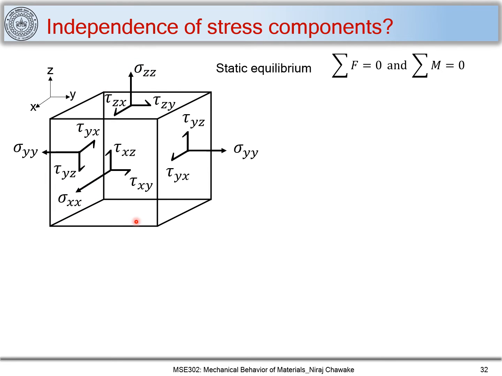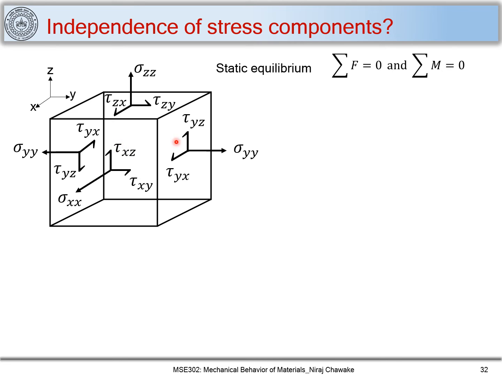I haven't shown sigma zz here, but you can correlate what you have seen for the plus y plane and negative y plane. Similar things are happening for plus x and minus x, and plus z and minus z plane. So these forces are balancing over here. Similarly, tau yx will be counterbalanced by tau yx in the other plane. So forces are balancing here.